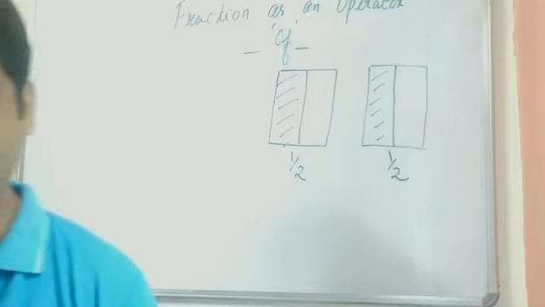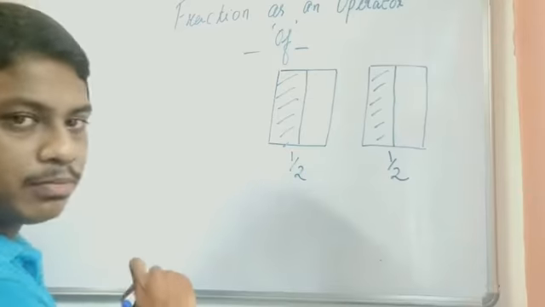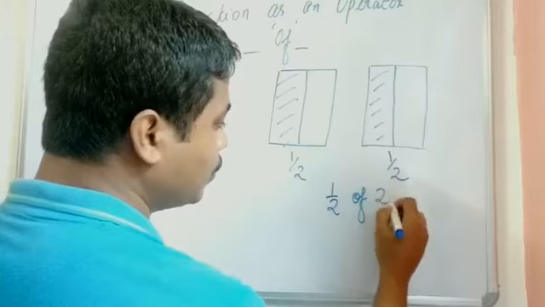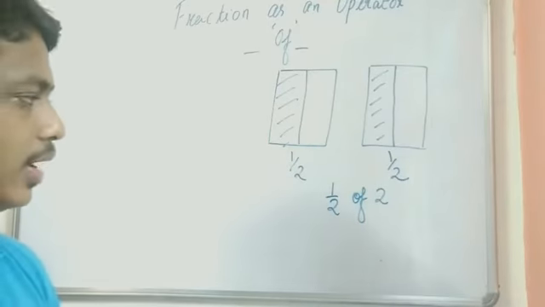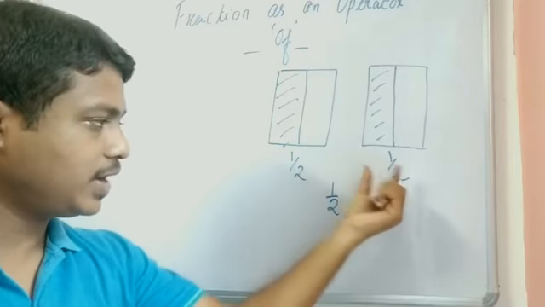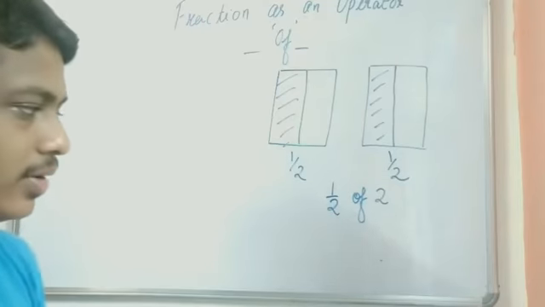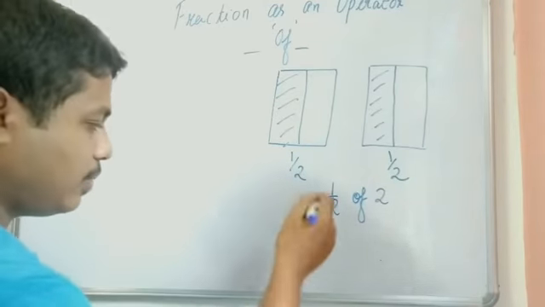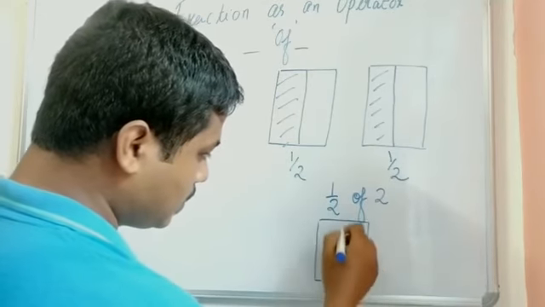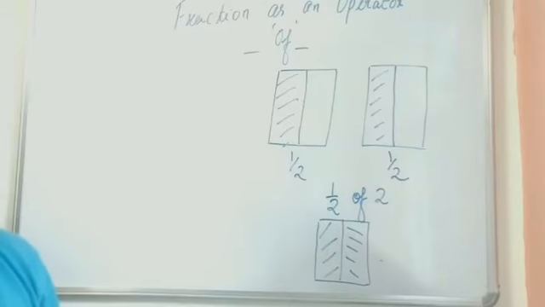Now what does 1 by 2 and 1 by 2 suggest? If you consider both the shaded portions, this is considered as half of 2, because two figures are there, so each figure is having a half. Now what does half of 2 represent?